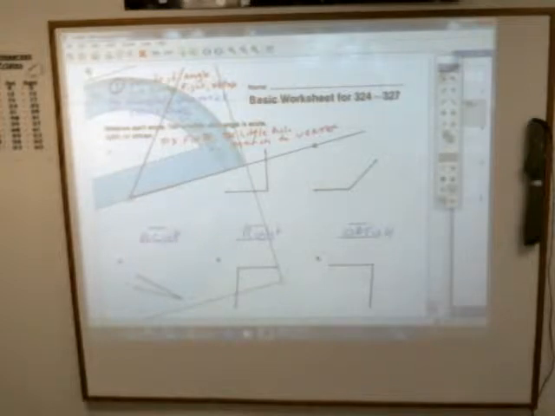Now, here's the other thing I didn't tell you, but you need to have your protractor going through the angle. You need to turn yours around so that, okay, now.